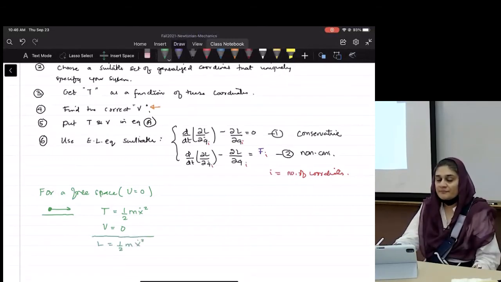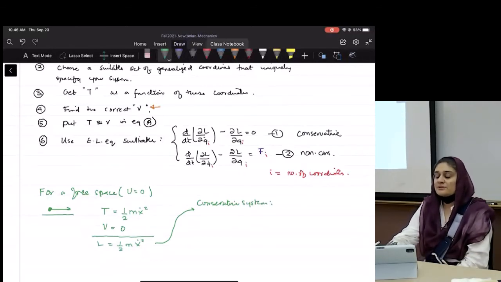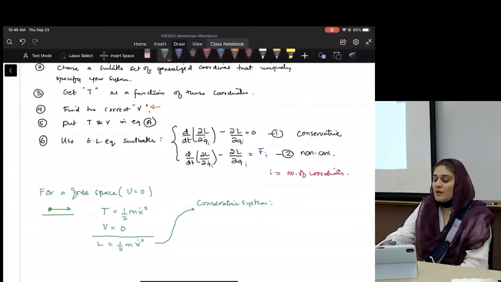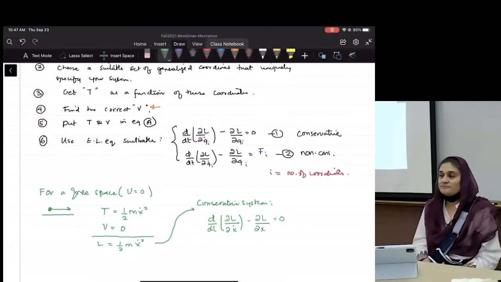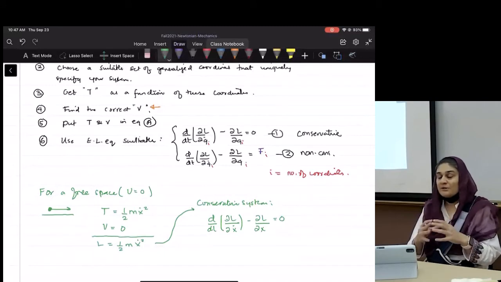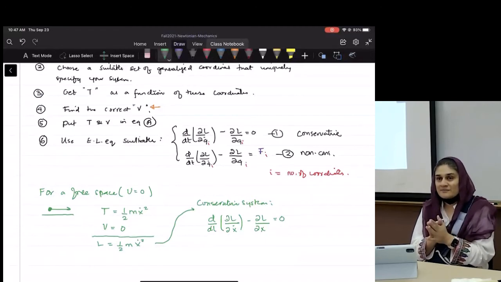So far, so good? And consider a completely conservative system. So for a completely conservative system, which equation should I use, 1 or 2? 1. So I will get d over dt of partial L over partial x dot minus partial L over partial x equals 0. All I did was I looked at my system. It's only moving in 1D. Can I write equation 1 like this?